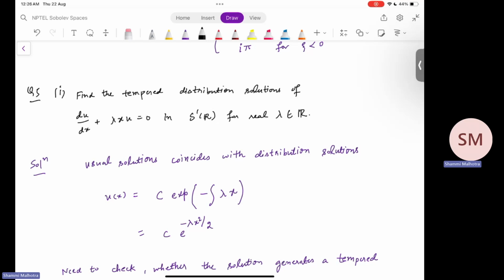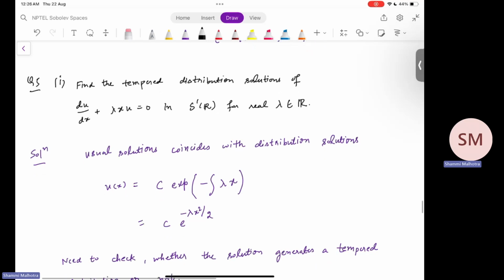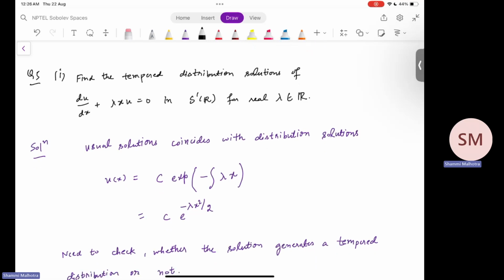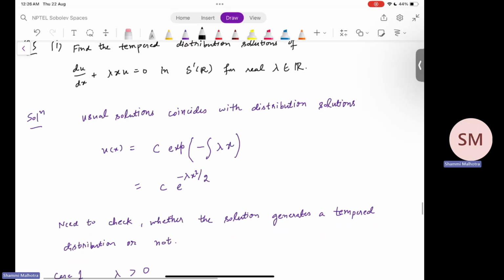So u(x) is given by the exponential of minus the integral of p(x) dx, p(x) being the coefficient of u, so this is lambda x. This will give me that u(x) is c times e raised to power minus lambda x squared by 2.